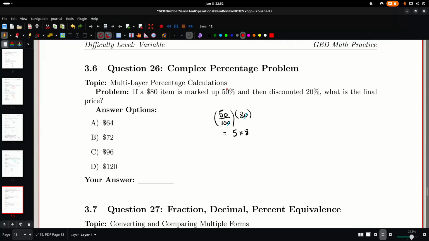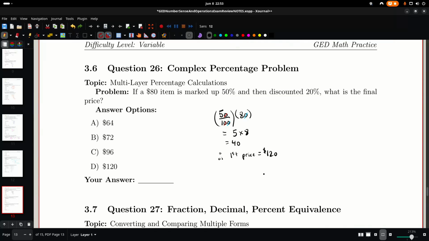Now we've got 50 divided by 10 is 5, and 10 divided by 10 is 1. So 5 times 8 gives us 40. So therefore, the first price is going to be 80 plus the $40, which is $120.